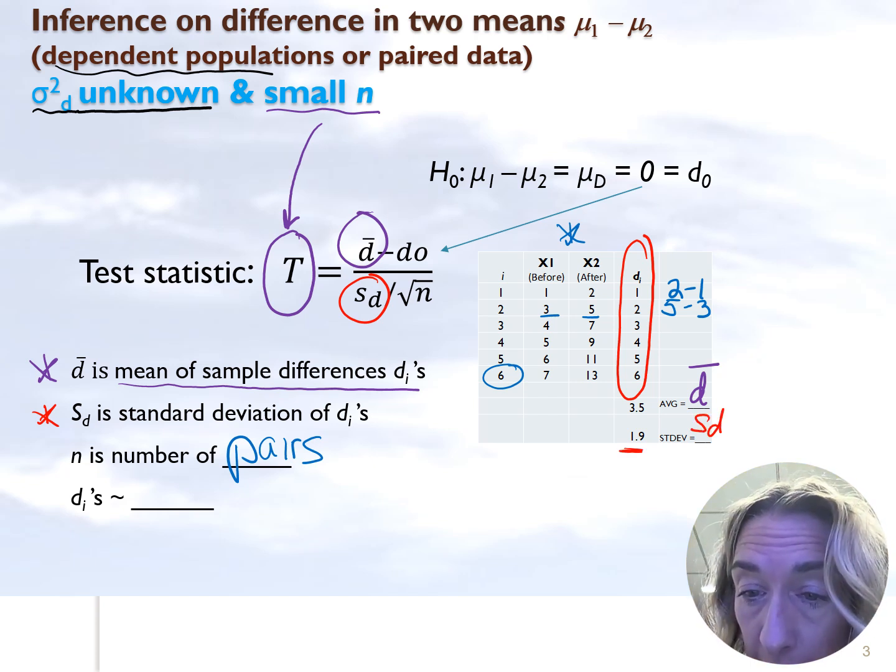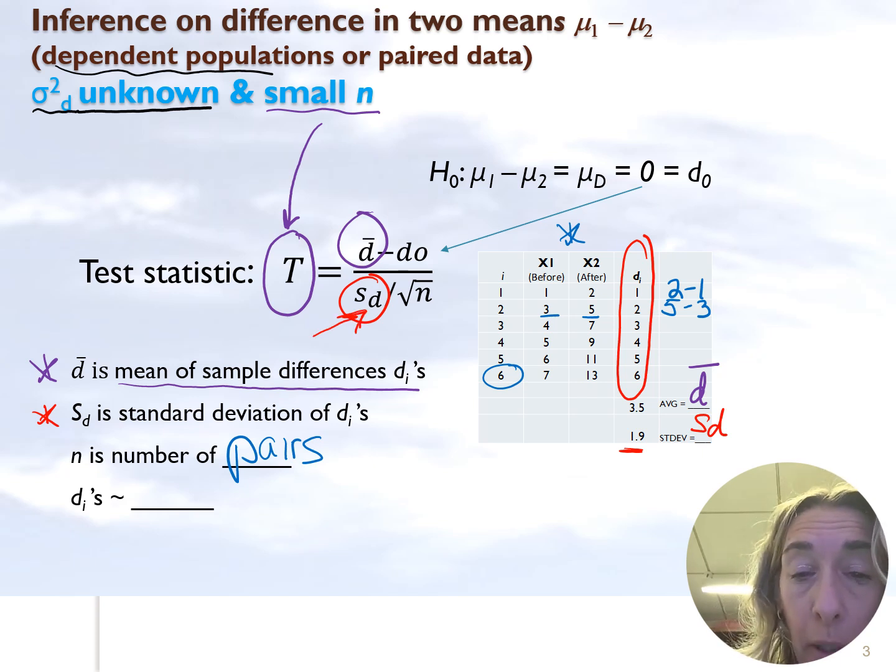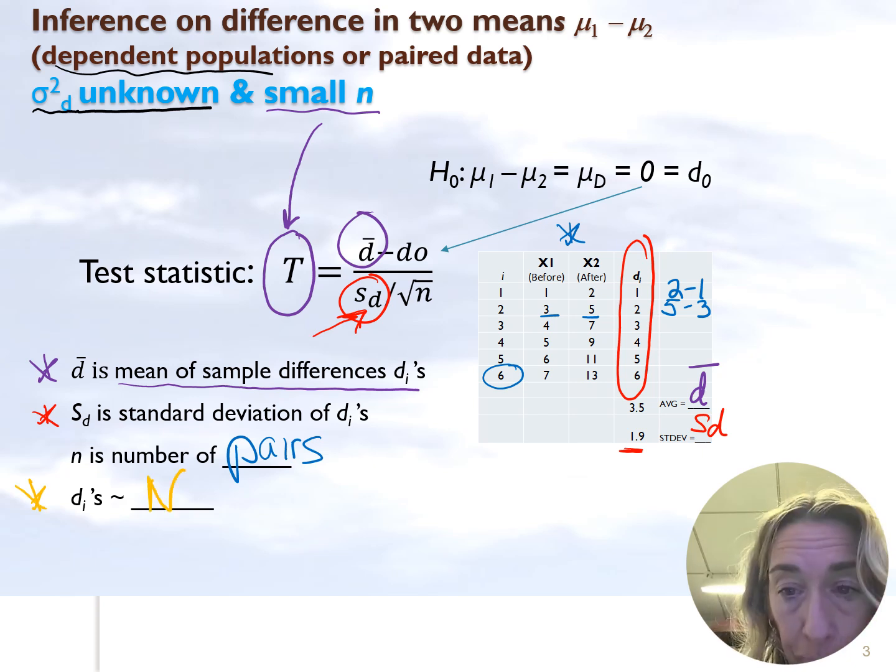We call that our S sub D, or the sample standard deviation of the differences. For T, it's the S sub D that appears in the denominator. Now, in order to use T, our differences, our D sub i's, must be normally distributed.